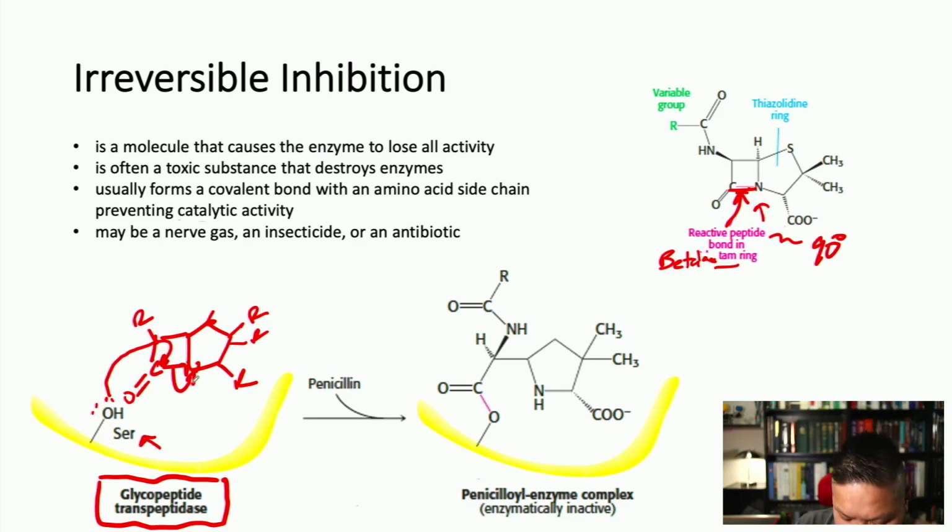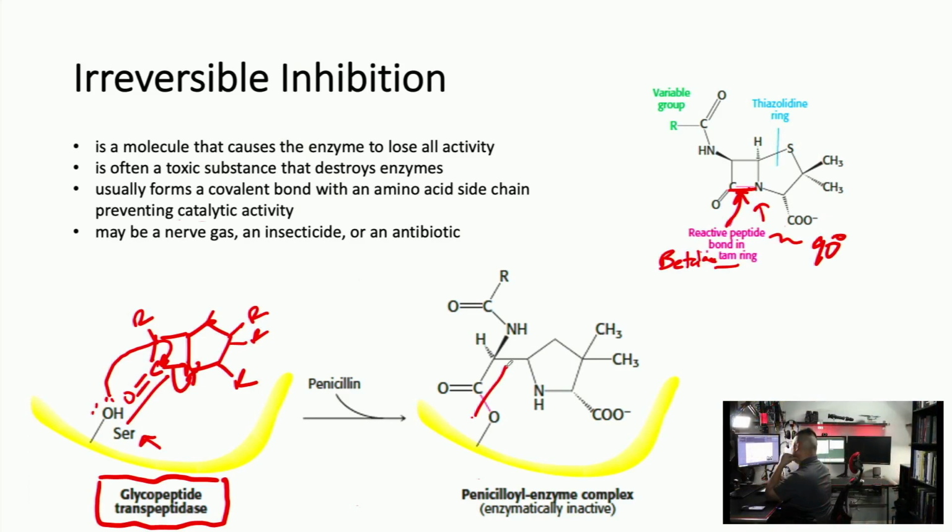And when it does that, it permanently, covalently attaches itself to the serine. In effect, it destroys that enzyme. That enzyme is no longer active, right? And that's how beta-lactam antibiotics work. And this is an irreversible inhibition, right?